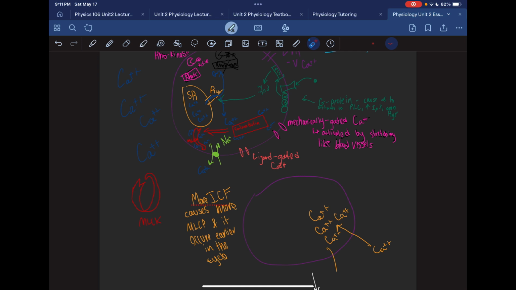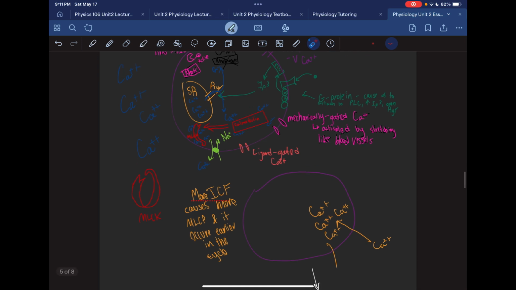Mechanically gated can be activated by stretching, increased blood flow and all of that into our muscles, causing more calcium to be let into the mechanically gated channel. Then ligand gated can also be due to certain neurotransmitters that we receive.